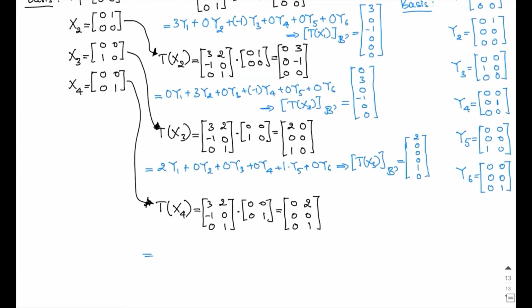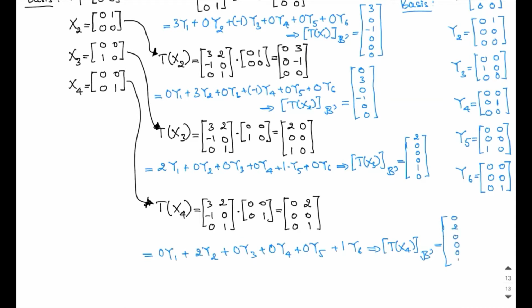We repeat this for T of x4, and we are going to have 0 y1 plus 2 y2 plus 0 y3 plus 0 y4 plus 0 y5 plus 1 y6. And so the coordinate for T of x4 with respect to the basis in the target space is going to be 0, 2, 0, 0, 0, 1.